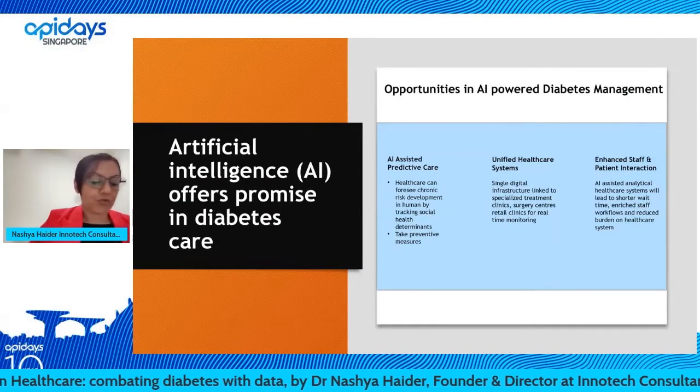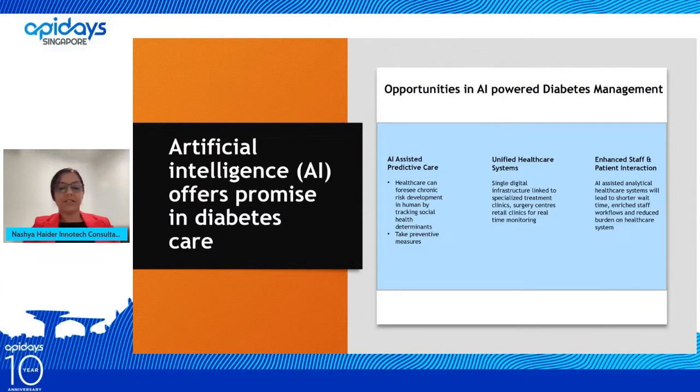Now, let me drill down and look at the promises of AI in diabetes management and care. The data collected from all these sensor devices means there's a massive data set to enable AI predictive solutions.